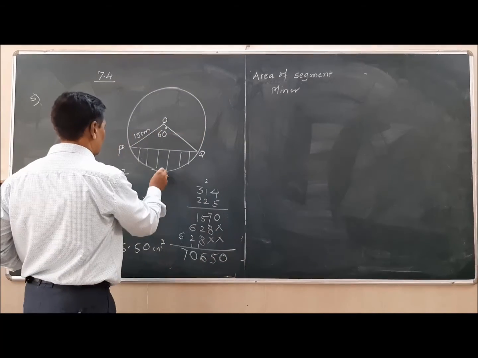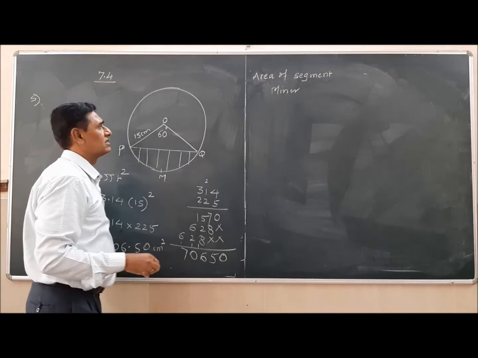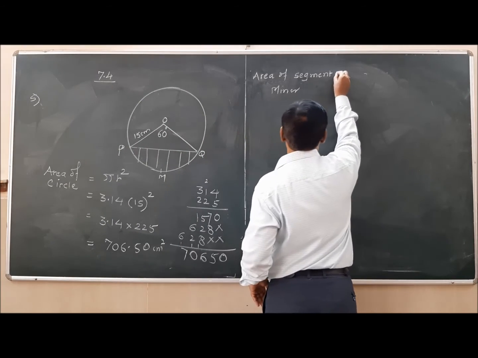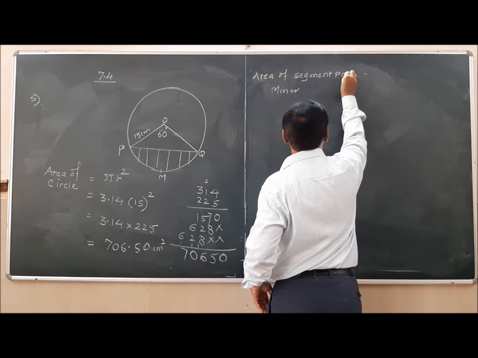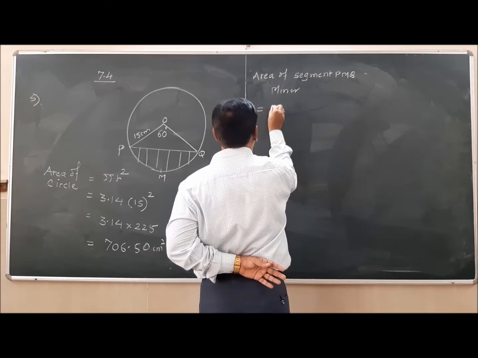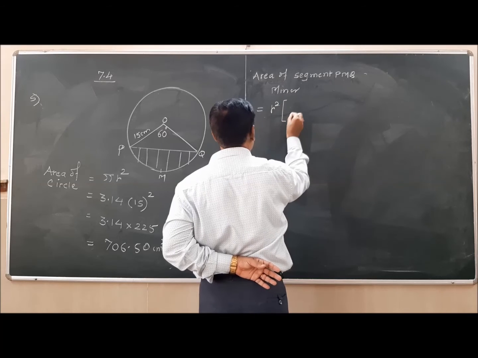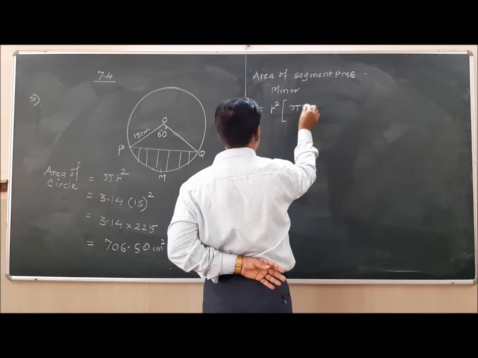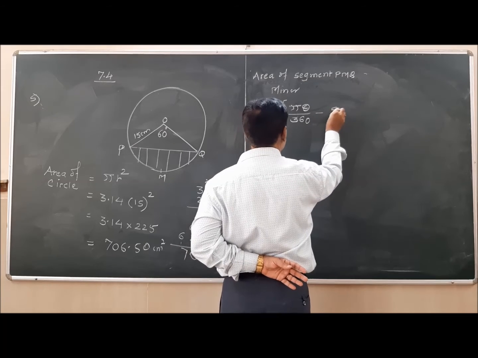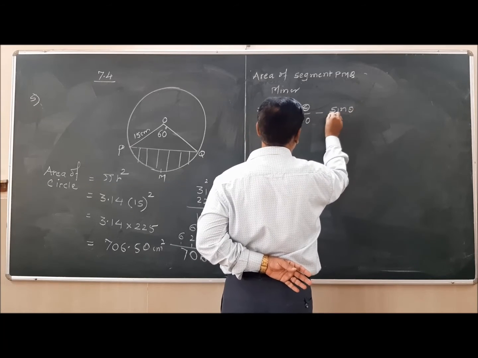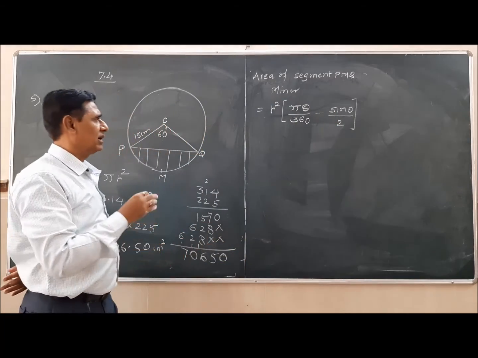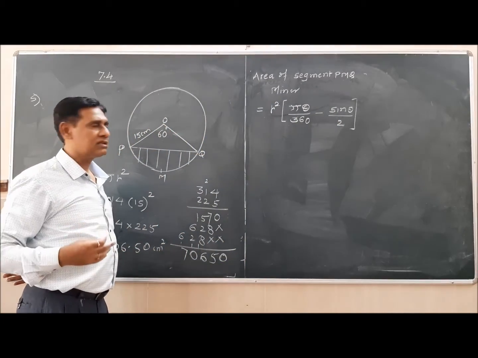If we label it as PMQ, the area of the segment, with the same formula, is equal to r square into pi theta upon 360 minus sin theta upon 2.